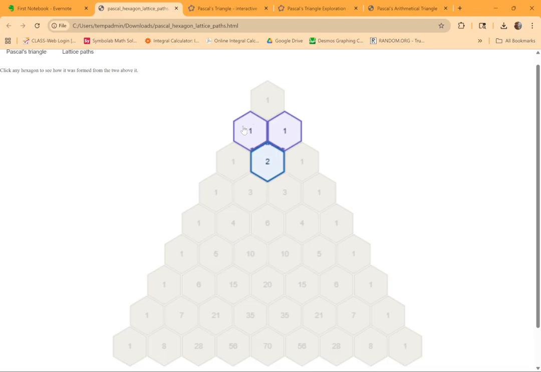This will be in the 5th row, counting 0, 1, 2, 3, 4, 5. And again, always counting at 0, it's the first element in there. We click on it and see it is the sum of the 2 above. As you can see, the 1 just always is 1, because there's only 1 above it, and none in this space here.